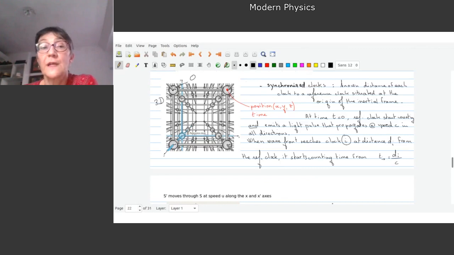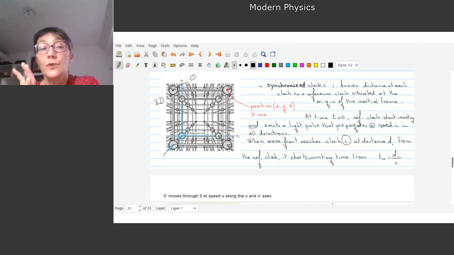Do you understand? So for example, I won't use 1 meter because it's very small. Let's say light takes 1 second to go from this clock to this position. So at time t equals 0, I emitted a light signal.